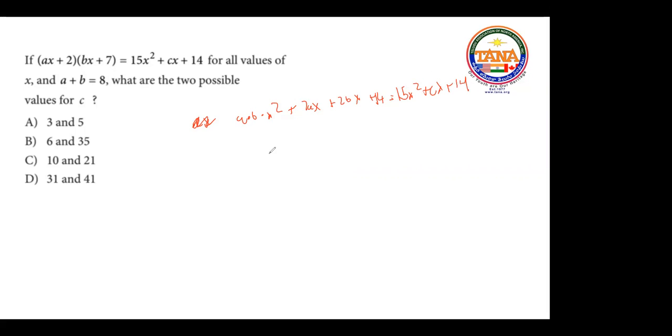So two things that we could tell. A times B is 15 because they're the same thing here.